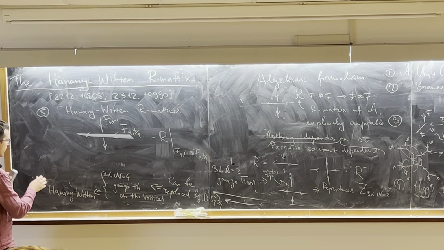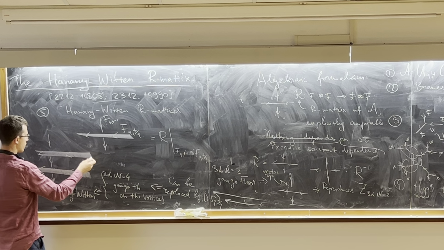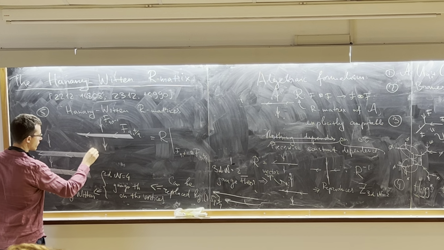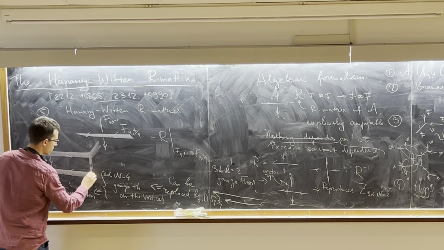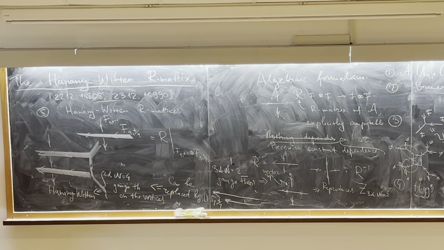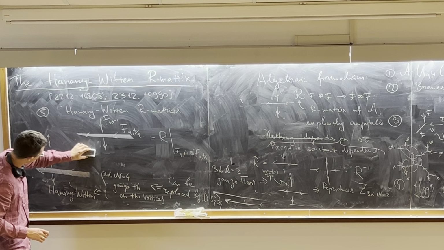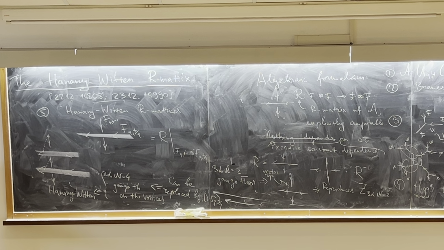So I can draw pictures like that, and then I can have whatever can happen here, and then a bunch of these D3s here. This will give me a partition function of a certain 3D gauge theory. Let us even forget about this piece and just focus on that one.